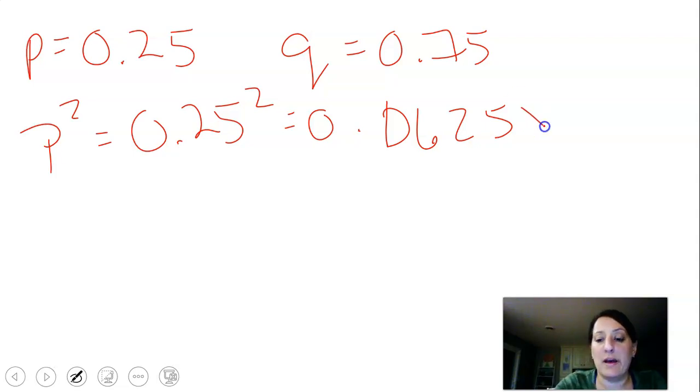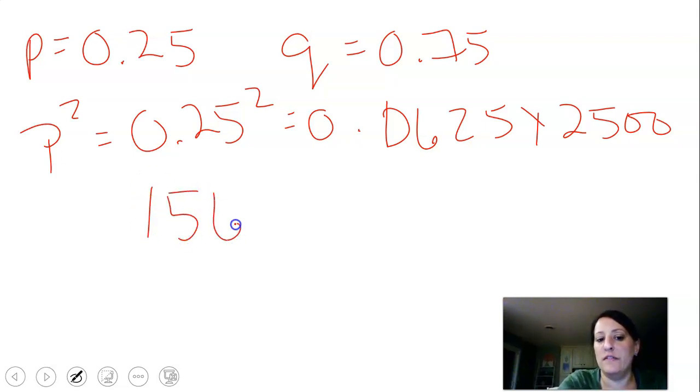Now you multiply that by 2,500. That makes more sense. And that's going to give us about 156.25 people. So that's going to be my number of homozygous dominant individuals.